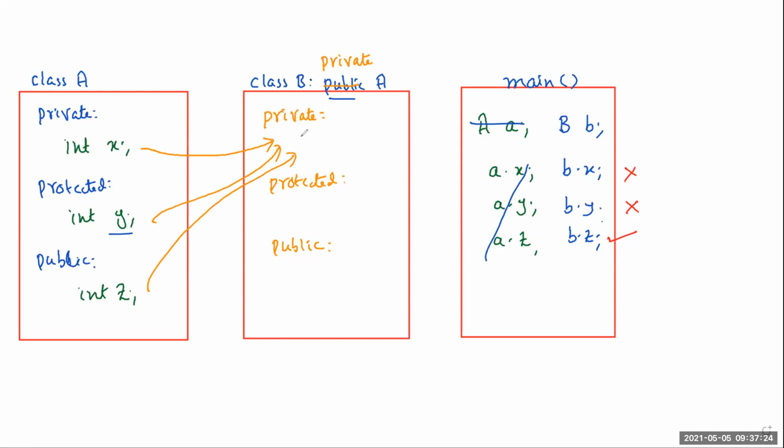They all will become a private member of the child class. Now you see, what was public in the parent is now private in the child, class B. What was protected in the parent is now private in the child. And this X was already private. Now can you tell me what will happen now from the main? Now just think and tell me what will happen.